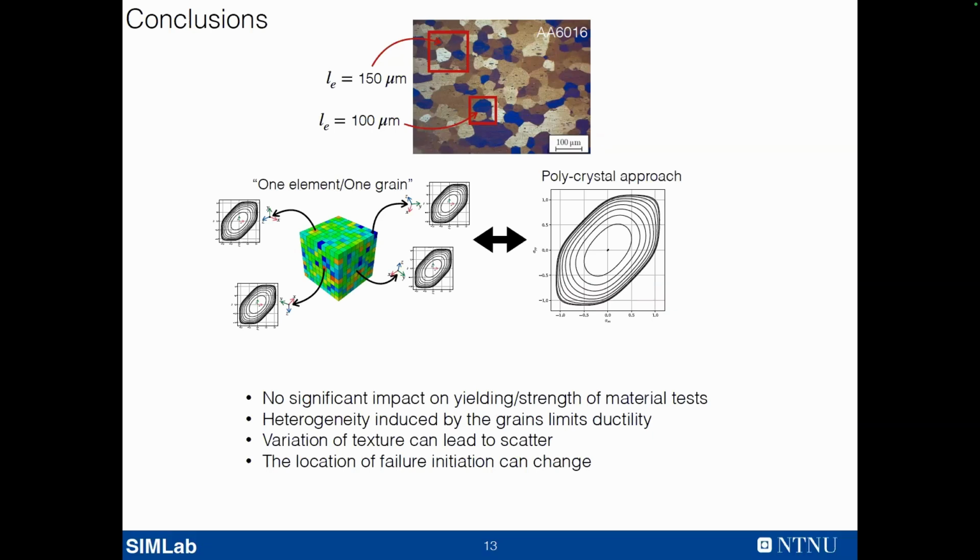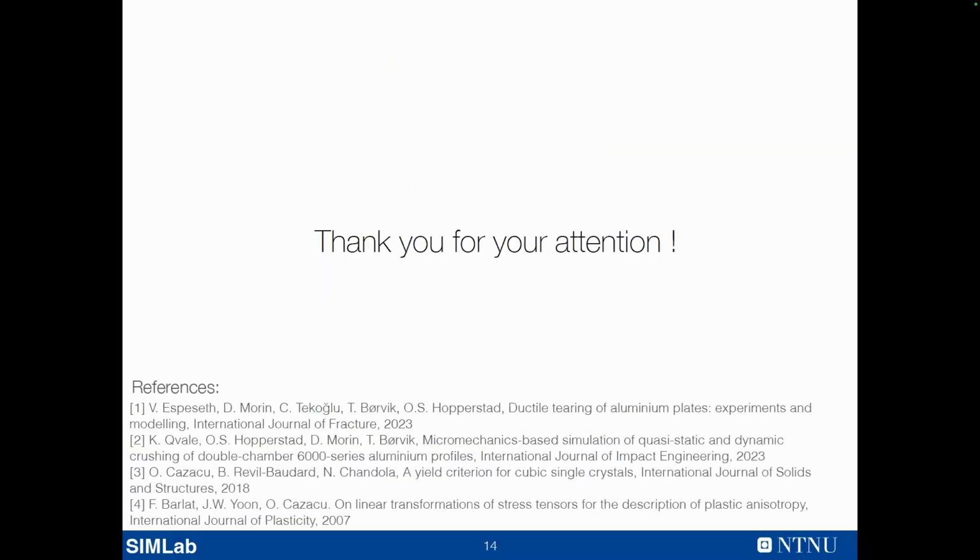And that's what we have seen in this slide. And variation of texture, so basically from one sample to another, leads to a scatter which is about the size of what we see in real experiments. And of course, where failure initiates apparently changes from simulation to simulation. Thank you for your attention.